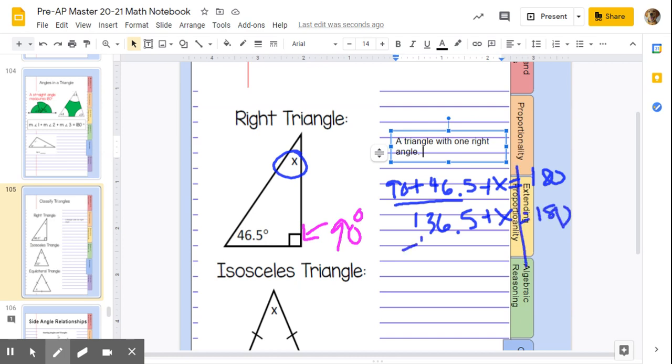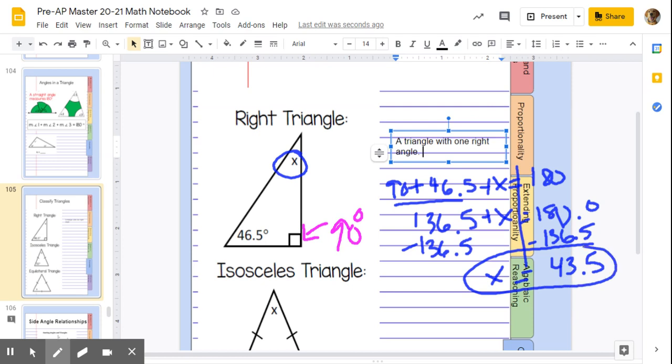Then I'm going to subtract that from both sides. Don't forget to line up your decimals when you're subtracting, so add a point and a 0. And x is going to be equal to 43.5 degrees.